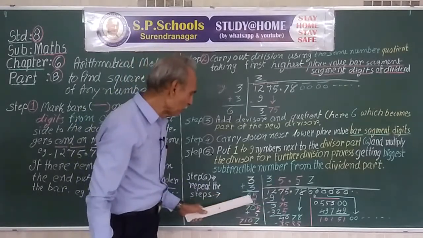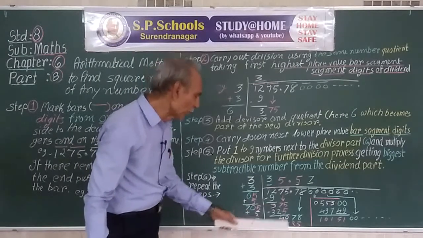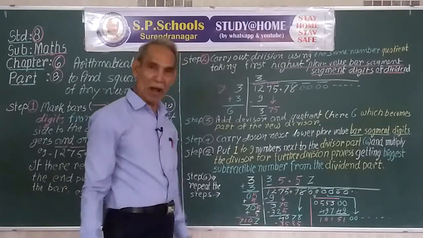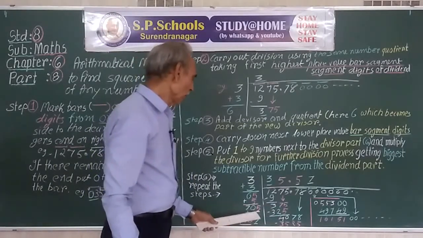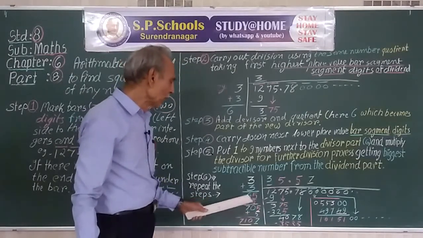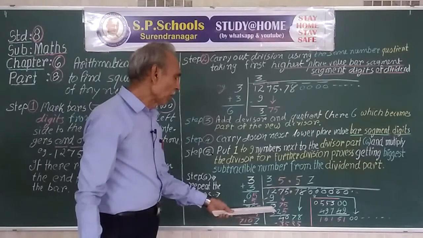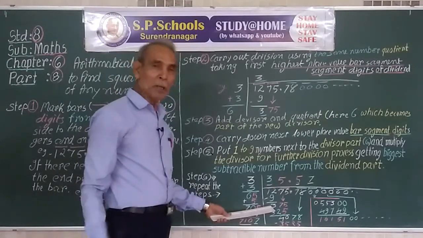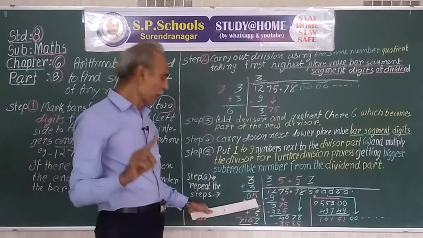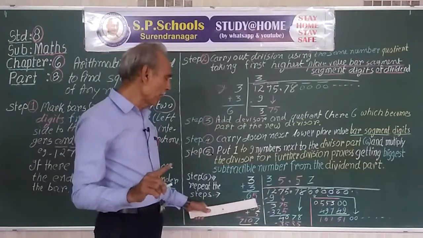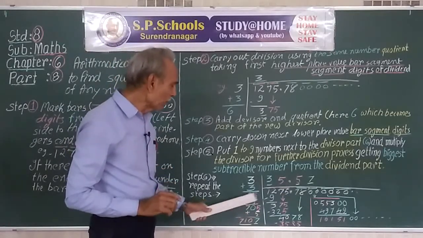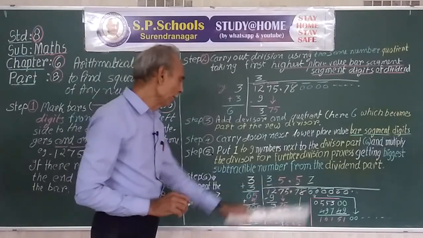If we put 6 here, 66 multiplied by 6 becomes larger than 375. The division will not go by 6. So the highest subtractable number is obtained with the previous 5. So put 5 here and multiply 65 by 5.